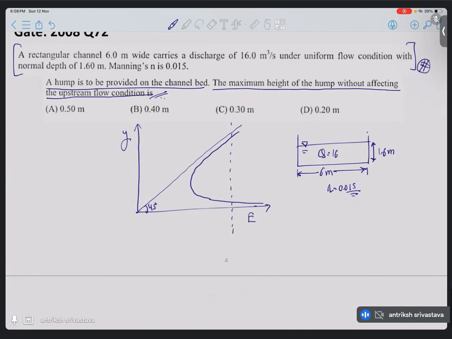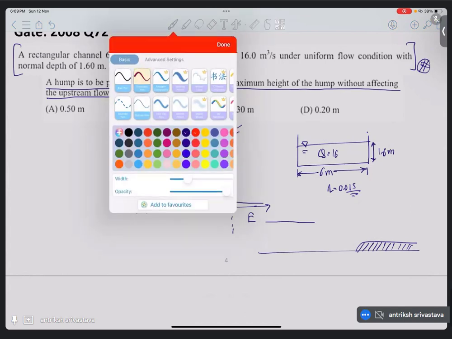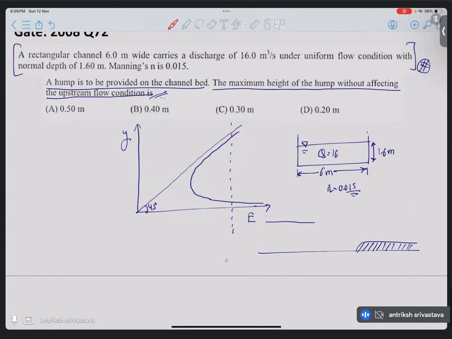We have energy E1. And when we install a hump, this is our channel, this is water flow. Since this is a uniform flow, the total energy line is going to remain the same, right? The total energy line with respect to our bed slope is going to remain the same.